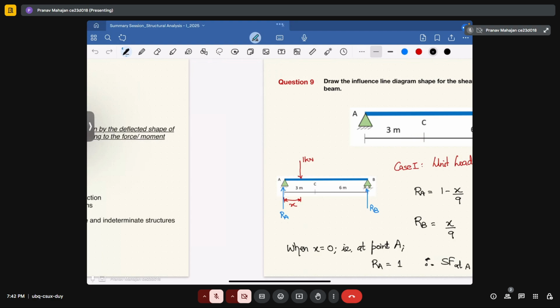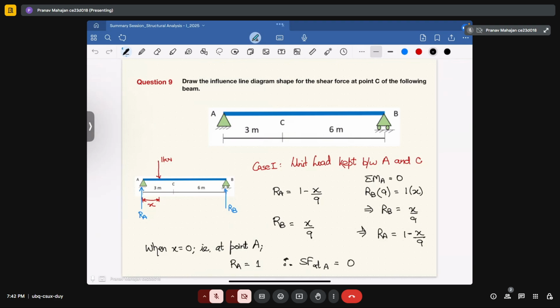Since both are unknown, we will use the third equilibrium equation, that is, the moment about point A equal to 0, and that will give you the value of reaction A equal to 1 minus x upon a. In this case, when x is equal to 0, your RA will be equal to 1.